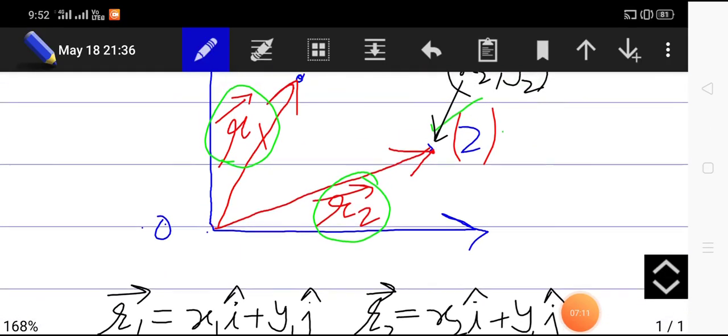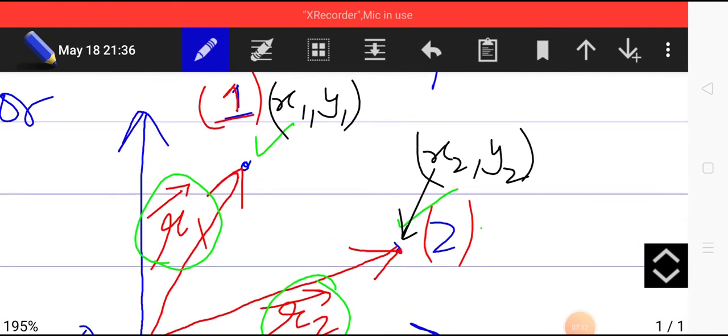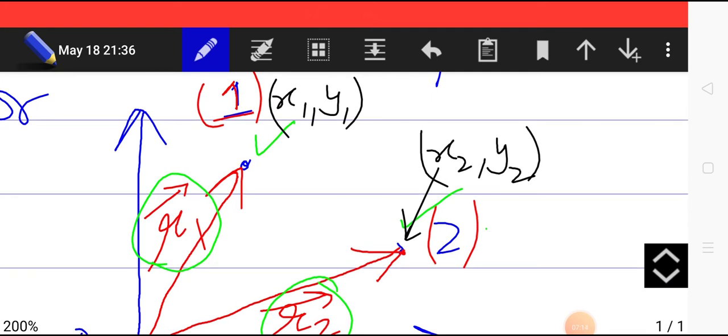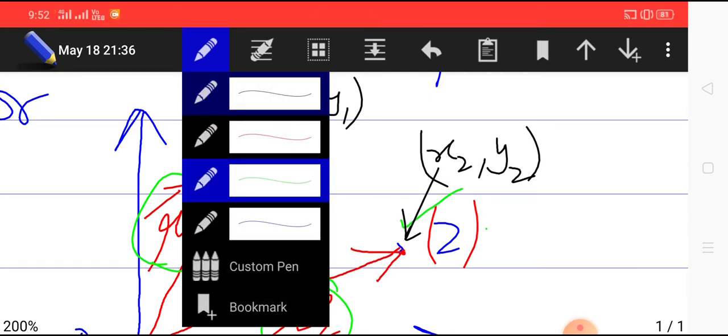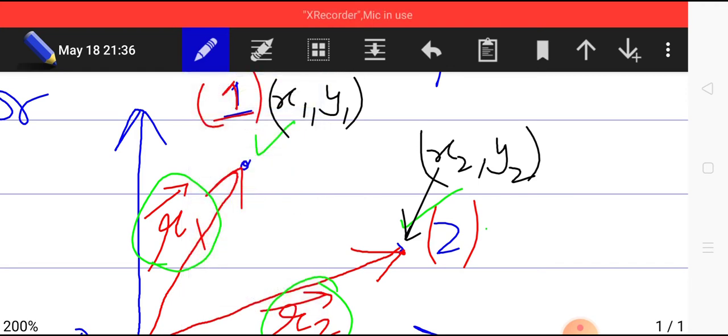Now let us talk about displacement vector. Now you know what position vectors are. Let us consider the displacement between point 1 and 2. Obviously this distance is fixed, but we can assign two directions to it. One can be 1 to 2 or it can be 2 to 1. Let us first discuss the direction from 1 to 2.